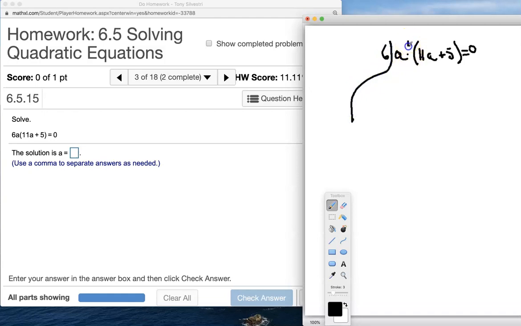Setting 6 equal to 0 is another situation where it makes no sense. There's no variable. If there's no variable, you can't solve anything. So leave that alone. I'm going to set this factor equal to 0, and by golly, we got an answer already. A is equal to 0.